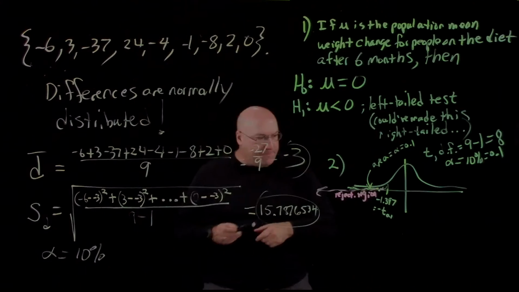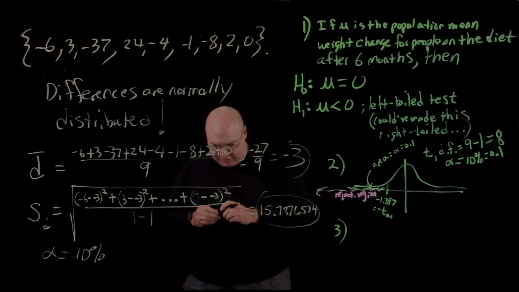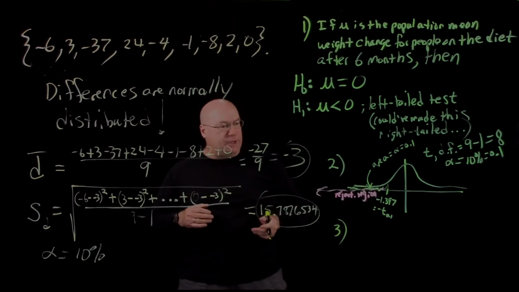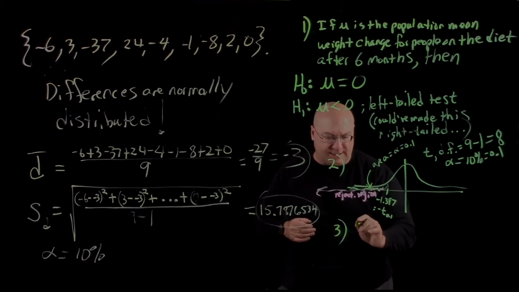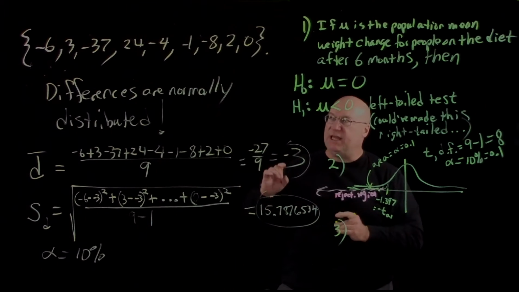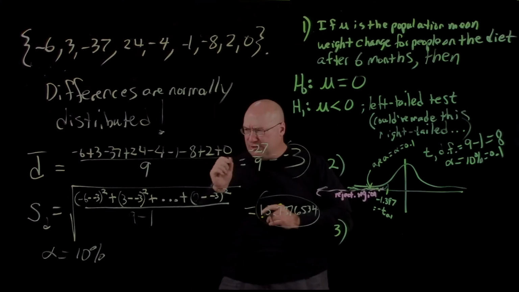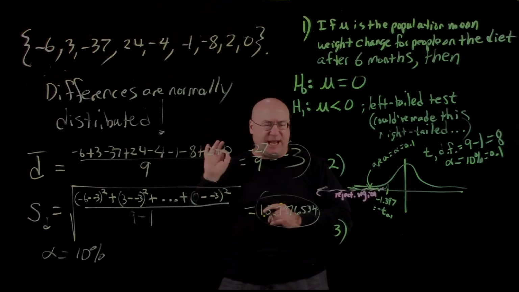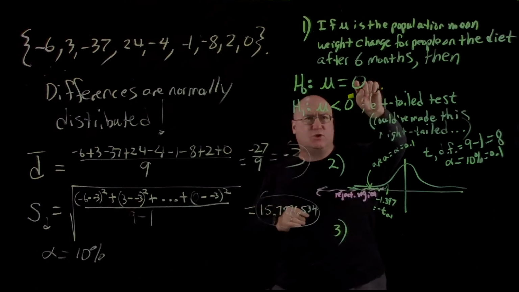Okay, number 3 says we compute the test statistic and we put it up above in here. So what do we get? The test statistic is the t-score for the sample mean under the assumption that the null hypothesis is true.